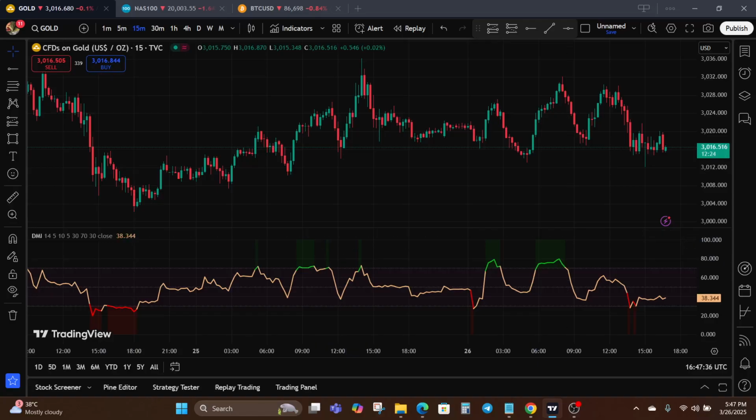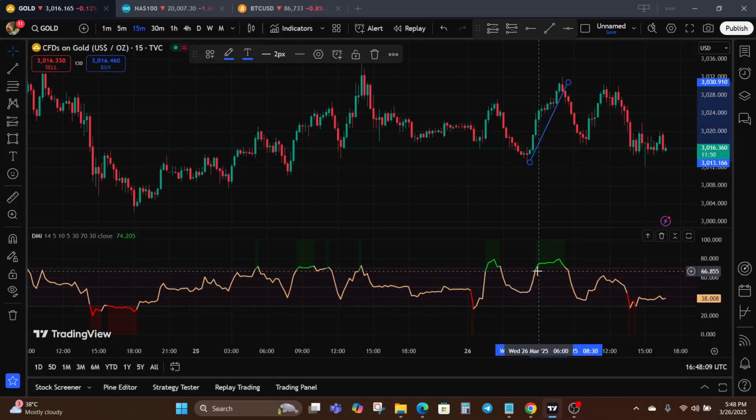Now, one of the best ways to use the dynamic momentum index is for trend confirmation and reversals. Here's how. For trend confirmation, if the DMI is above the 50 level, the midpoint, and rising, like what we see happen here, it suggests strong upward momentum.